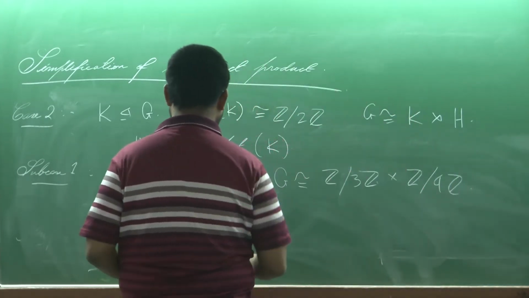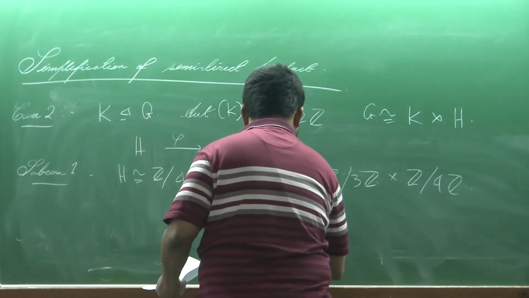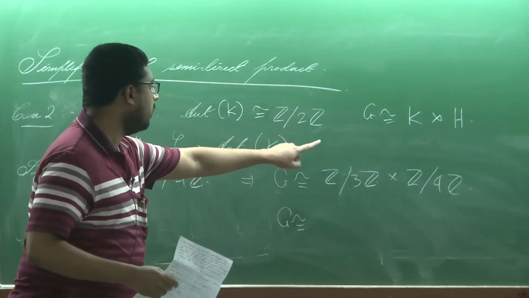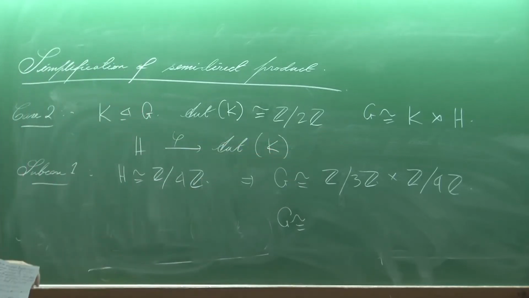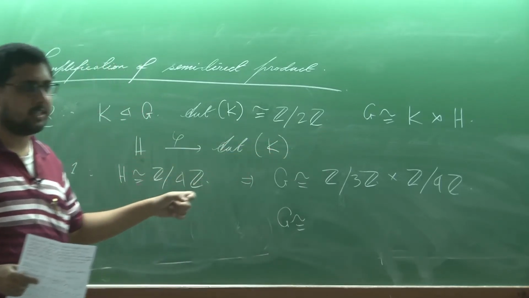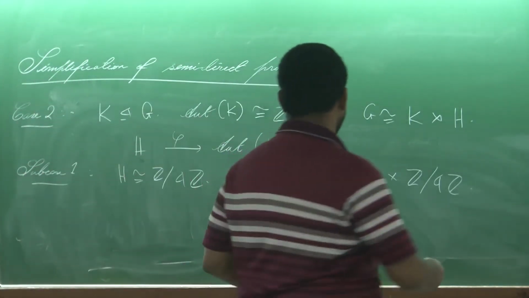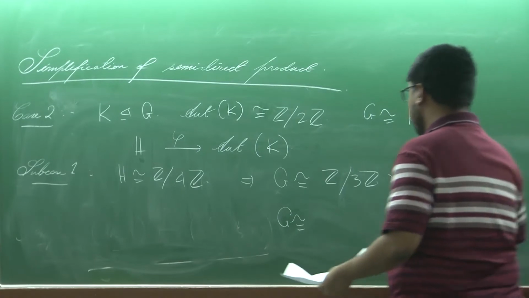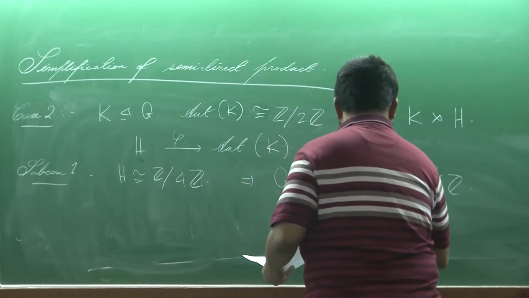And if phi is non-trivial, then since Aut K has order 2, there is a unique non-trivial homomorphism from H to Aut K, right. This we have already seen.